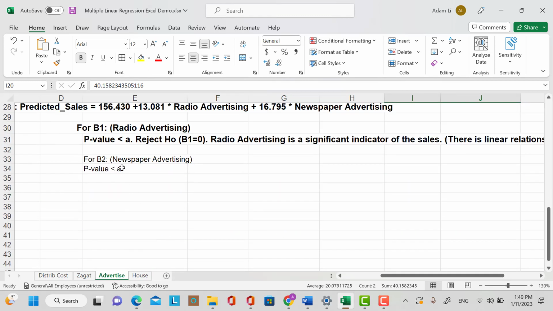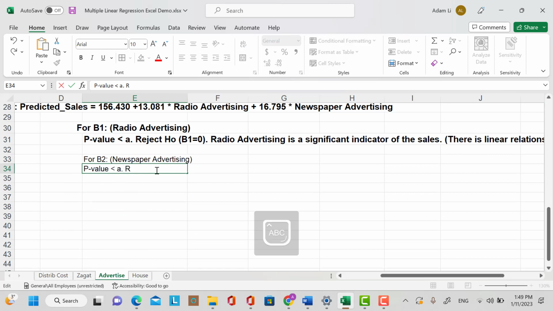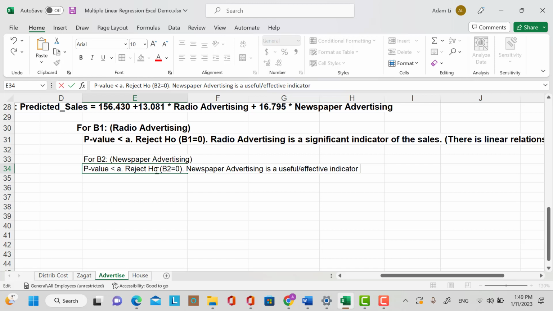So the p-value again is much smaller than alpha, so reject H0, meaning H0 is B2 equal to 0, so B2 is not 0, so newspaper advertising is a useful or effective indicator or predictor of the sales.